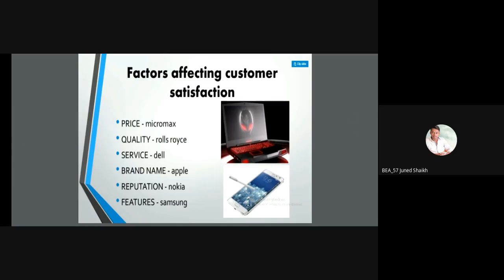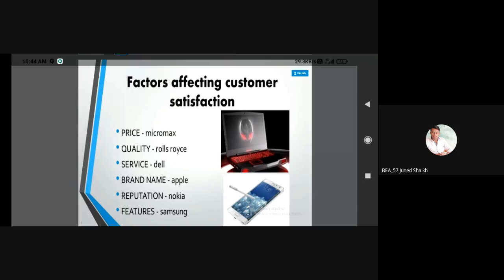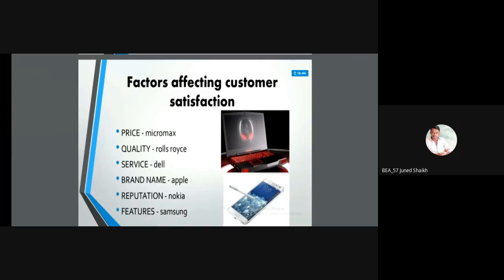Similarly, if you want to buy a vehicle, first of all we discuss the average, the mileage. Next, the vibration capacity, suspension checking. We also discuss whether it is tubeless or tube tire. So these are basic things. According to the features, customer satisfaction also depends. So these are some factors affecting customer satisfaction.